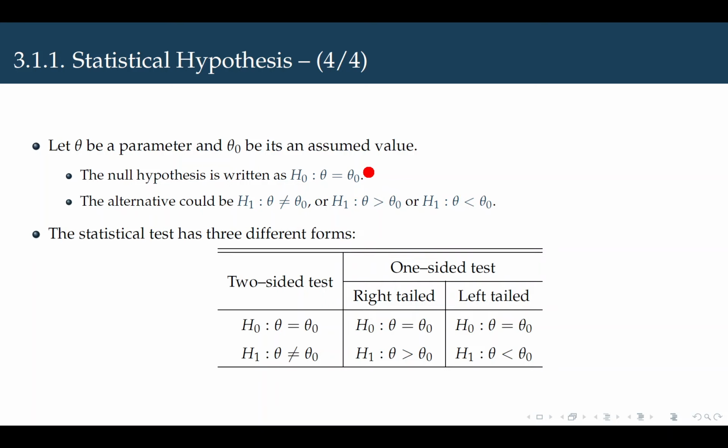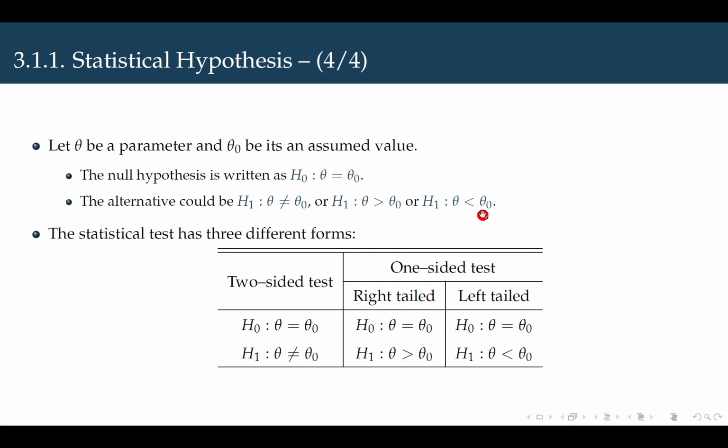Then the alternative could be H1: theta is different from theta naught. This means the population parameter is different from the assumed value. Or it could be H1: theta greater than theta naught. The population parameter is greater than the assumed value. Or it could be H1: theta less than theta naught. The population parameter is less than the assumed value.